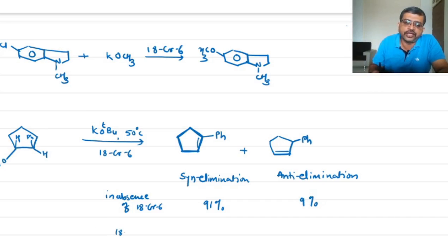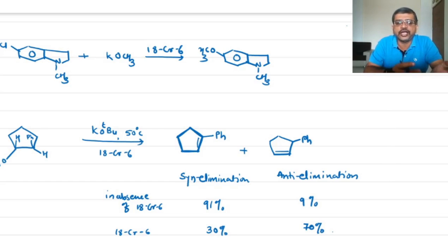But when we are using 18 crown 6 as a phase transfer catalyst, then we get 30% syn elimination and 70% anti-elimination. That is, reactivity can be reversed if we are using a phase transfer catalyst, and if we want the other product to be formed, then we do not use the phase transfer catalyst. So the selectivity can be reversed or increased for a certain desired product.